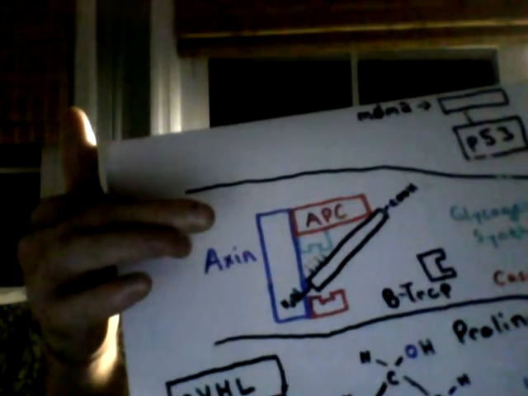But the point that I want to get across is P53 is phosphorylated, and it doesn't get ubiquitinated, and it doesn't get destroyed. Beta-catenin is phosphorylated, and therefore is ubiquitinated, and therefore is destroyed.